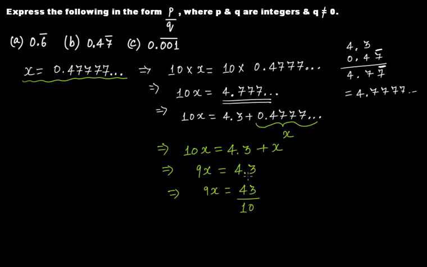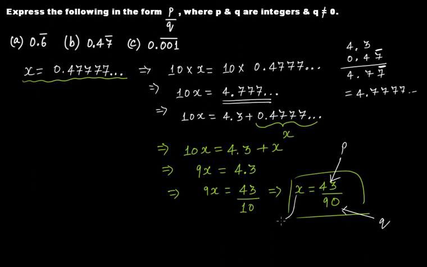We can write this as 43 by 10, right? Because it has one decimal place, so you will divide by 10. So from here you get x is equal to 43 by 90, right? Now this is of the form p by q, where p is 43 and q is 90.